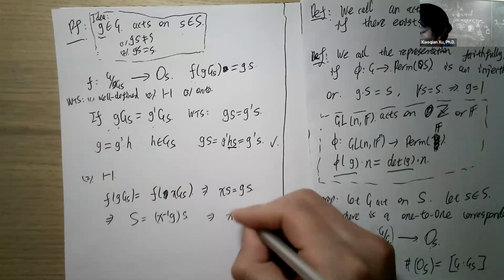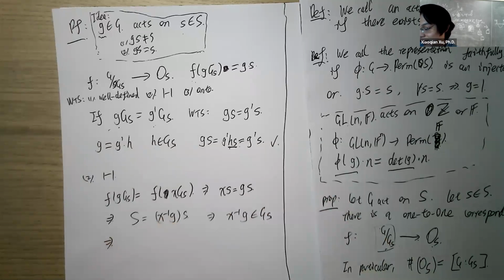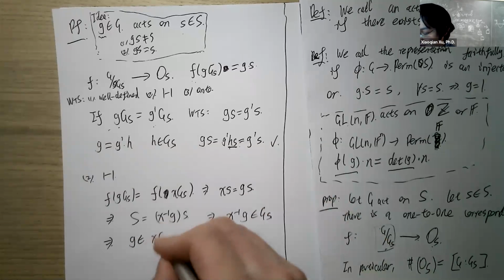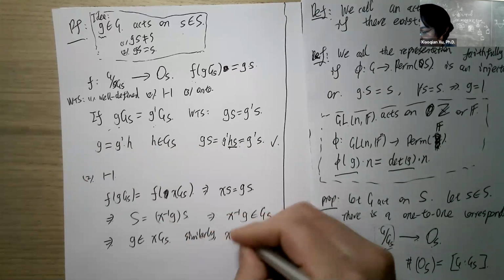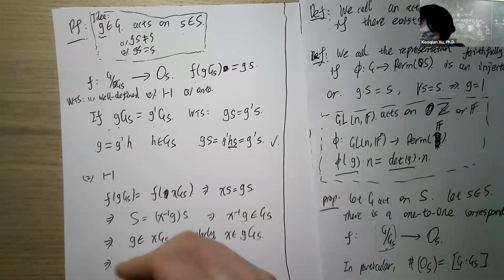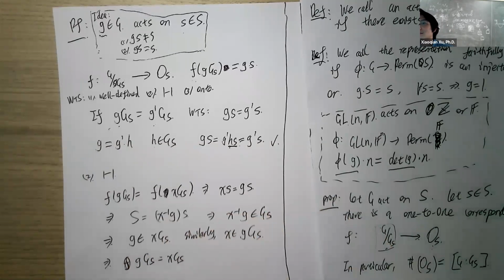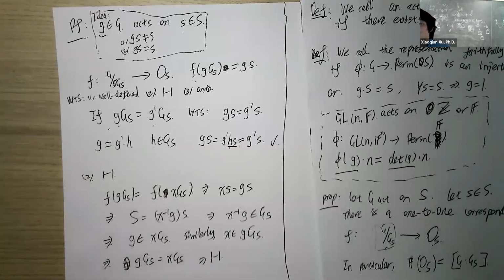So that means x inverse g is in G_S, so g is in x G_S. Similarly, x is in g G_S. So F of g G_S equals x G_S. Same output means same input, so it's one-to-one. Any question?